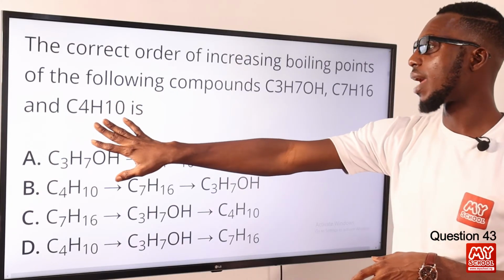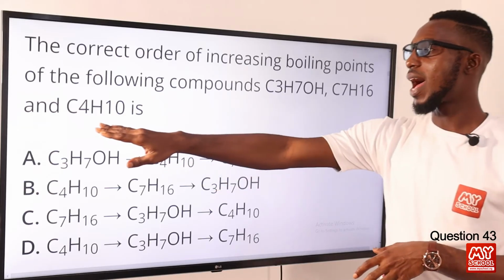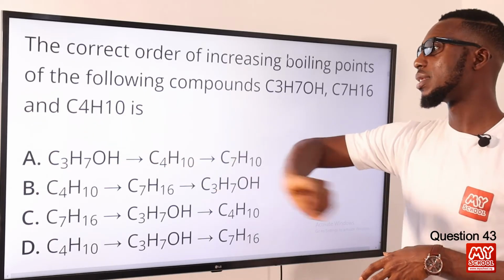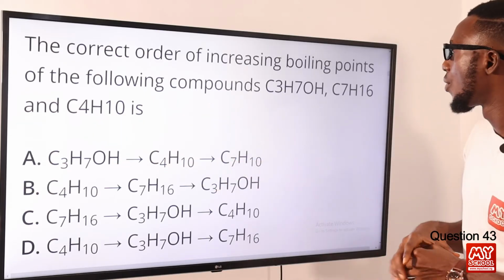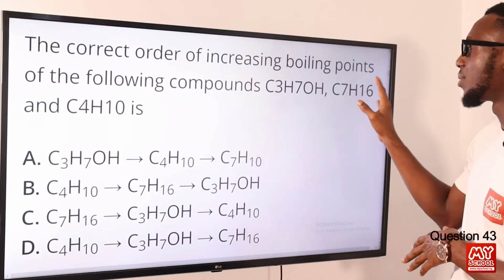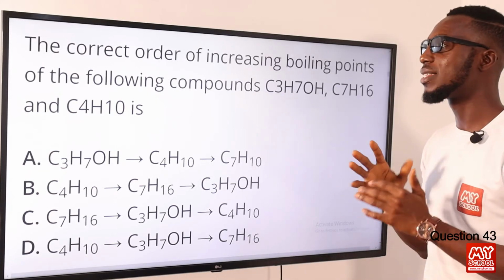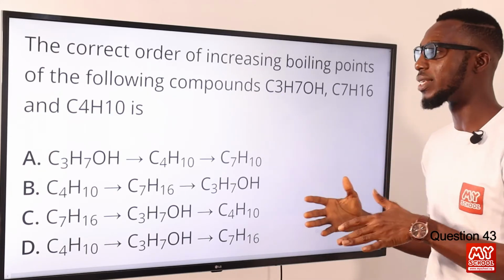So this is gas, liquid, liquid. This has a boiling point at least around -1 degrees. This is 98 point some figures, so let's just say 98 basically. Then this is 97.